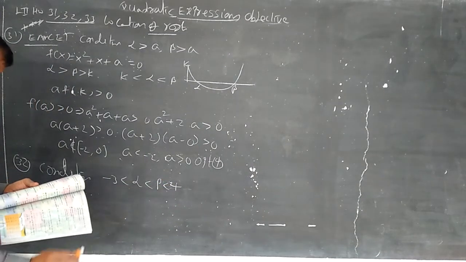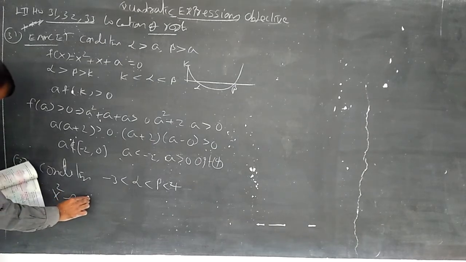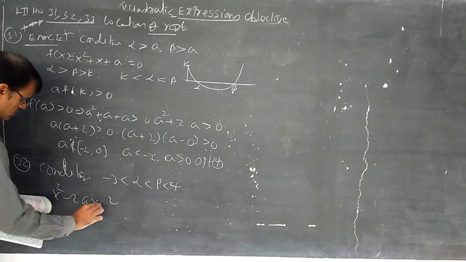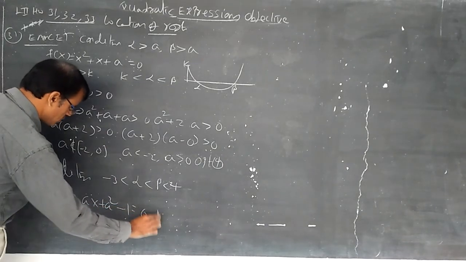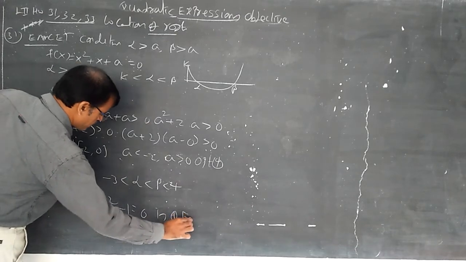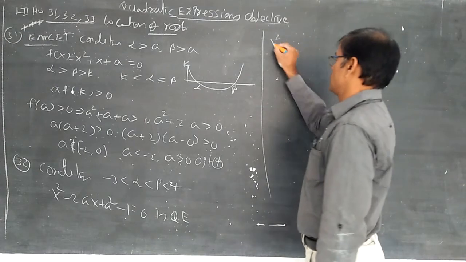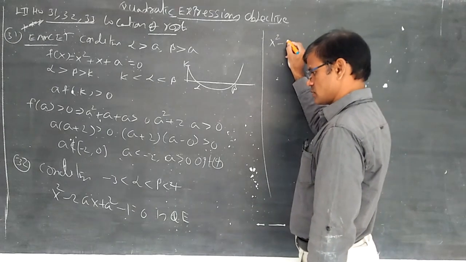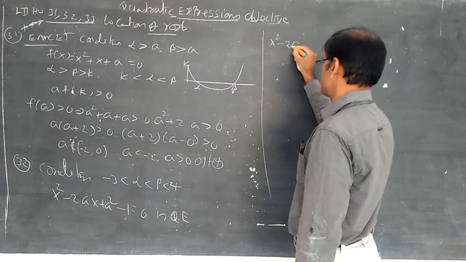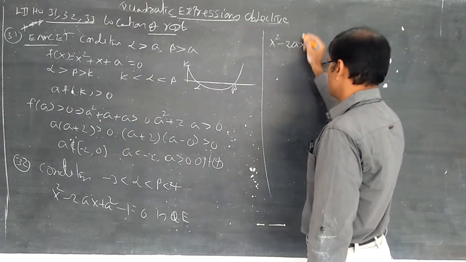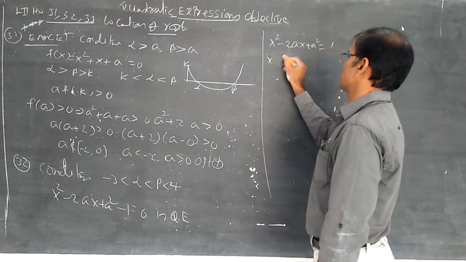Of course, a shortcut you can use. x square minus 2ax plus a square minus 1 equal to 0 is the given quadratic equation. Now we can write x square minus 2ax plus a square equal to 1.